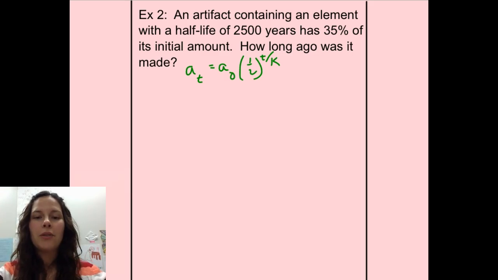So I'm going to start by substituting in our half-life. Even though we don't know the amount after time and we don't know the initial amount, we do know our half-life is 2,500.